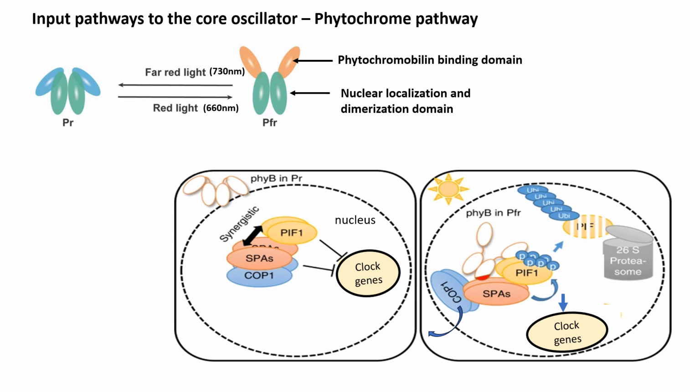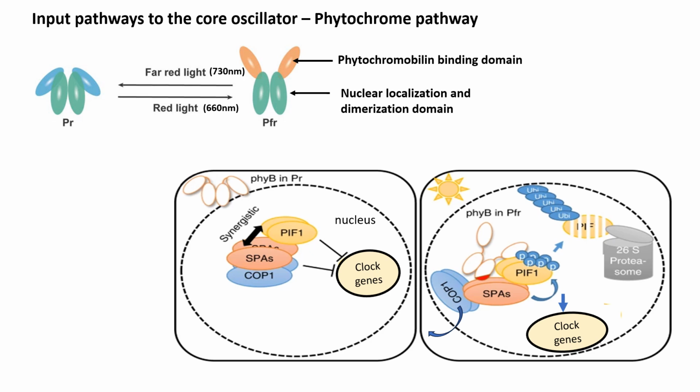The chromophore is a photoreversible isomer which exists in two forms. On absorption of red light of 660 nanometers, the phytochrome exists in the PFR form, and on absorption of far red light of 730 nanometers, it exists in the PR form.